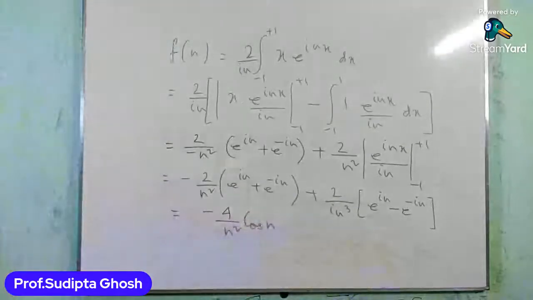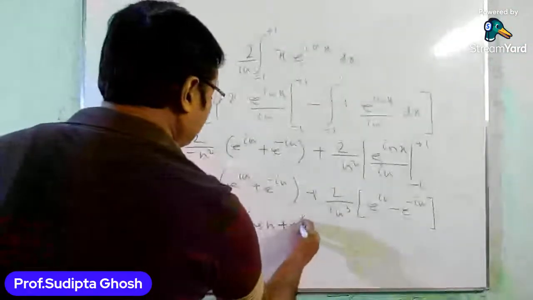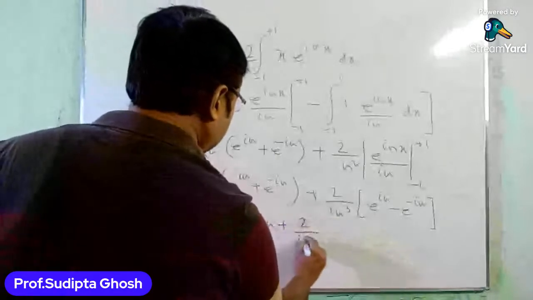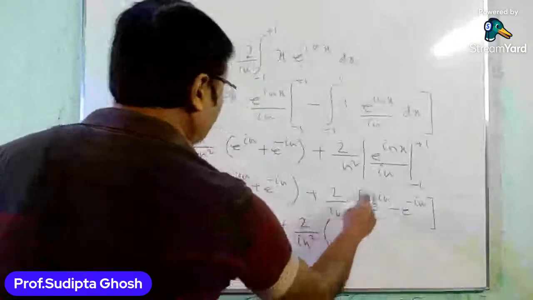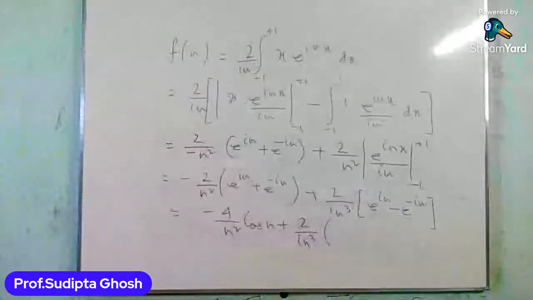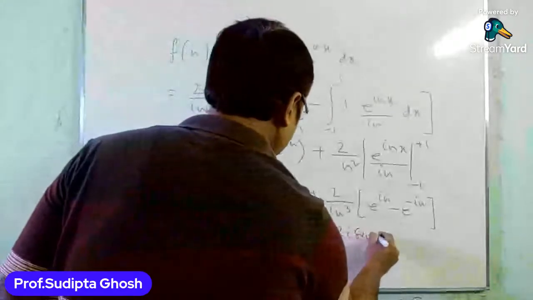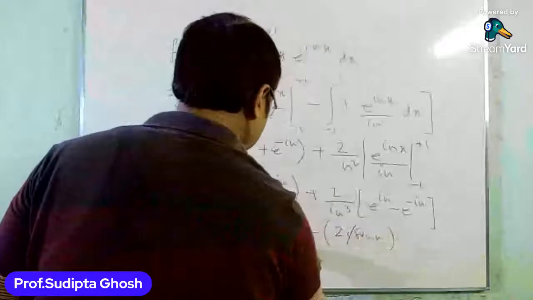Is it okay? Minus 4 by n square cos n, and then plus 2 by i n cube, and e to the power i n minus e to the power minus i n, that means cos n terms cancel, and we have twice i sin n, and that i cancels.